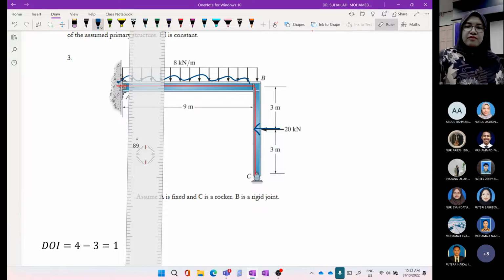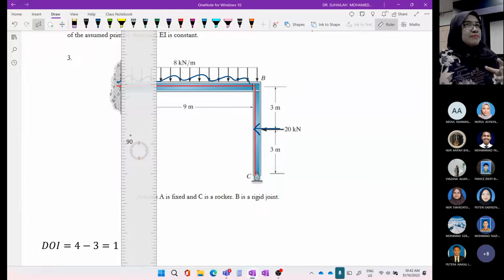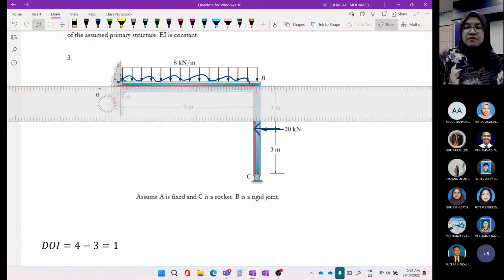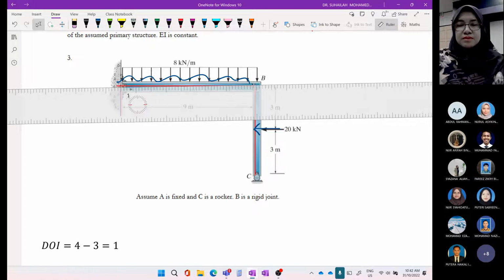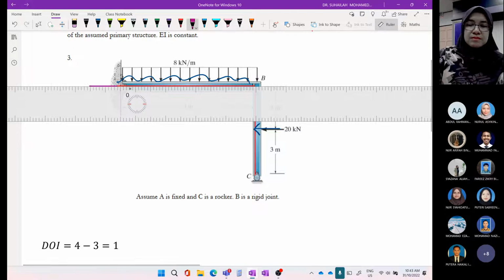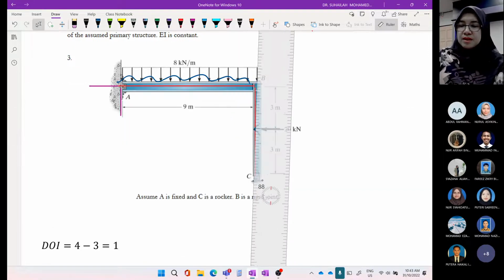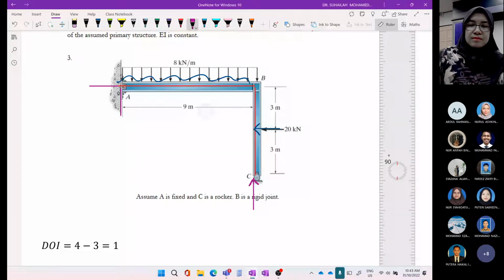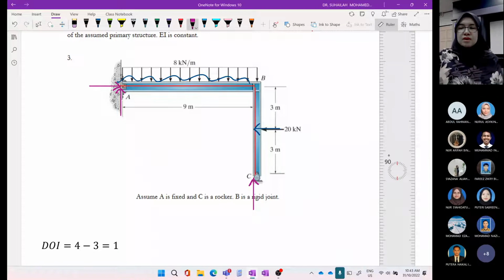Okay, the fixed support after removing the moment becomes a pin.